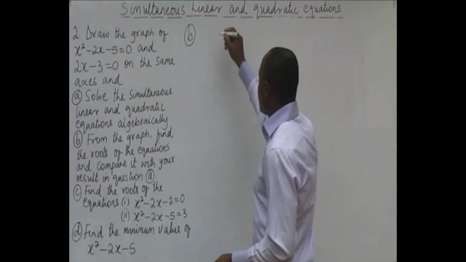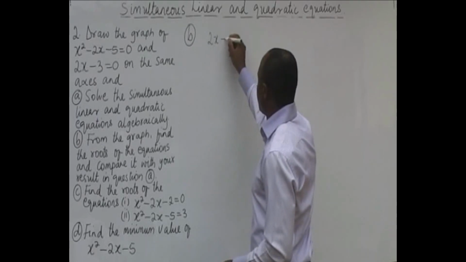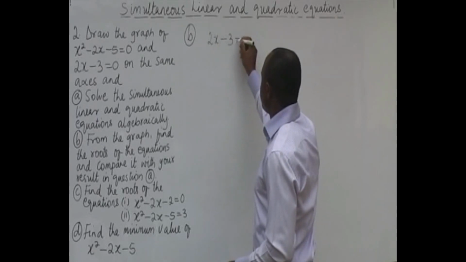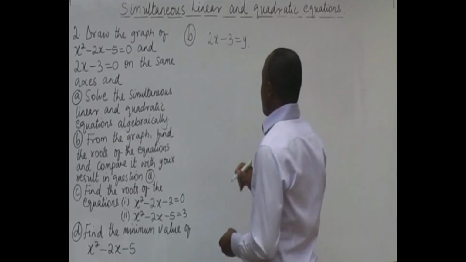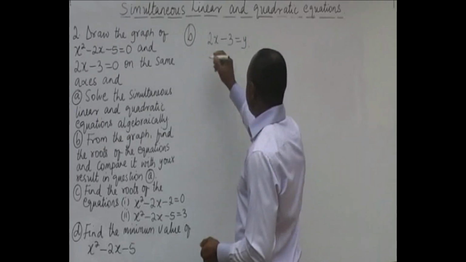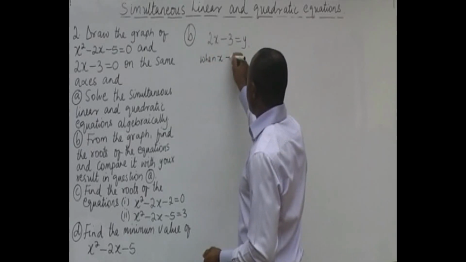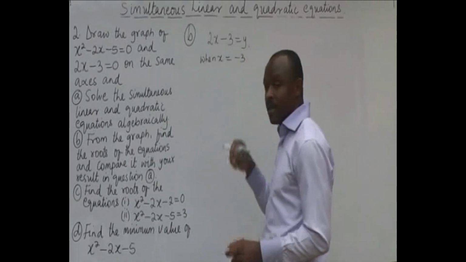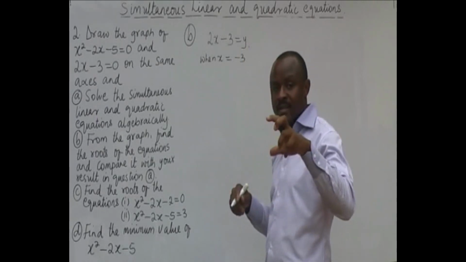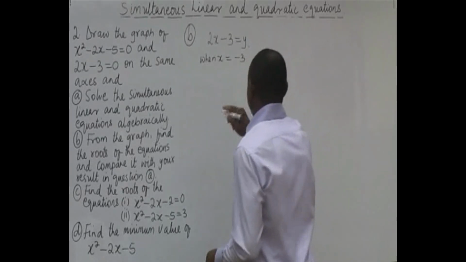The linear equation reads 2x minus 3 is equal to y. We start by saying when x is equal to minus 3. Remember, we are asked for range of values of x from minus 3 to 5. So let's start from minus 3.